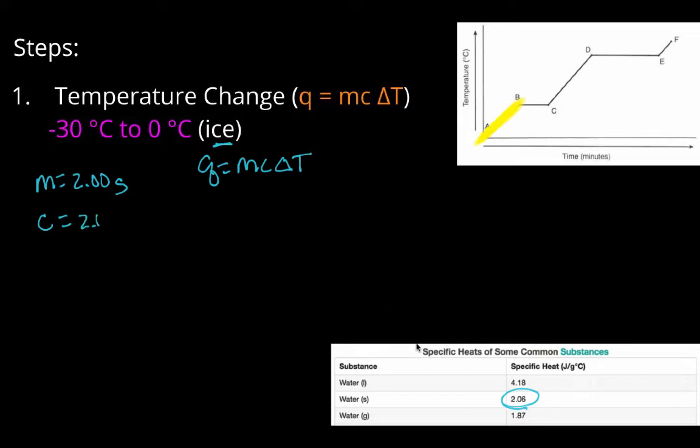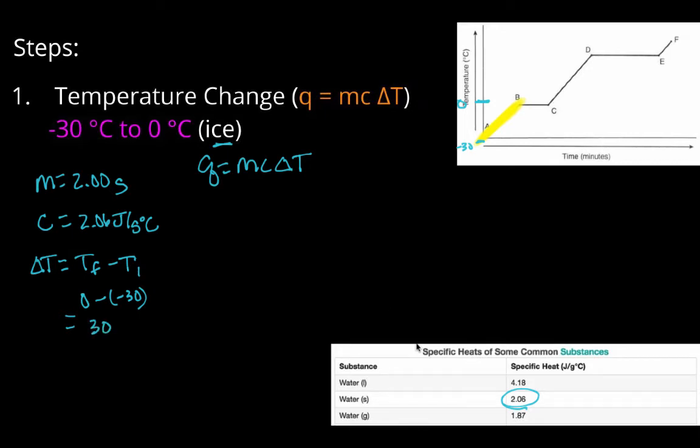So 2.06 joules per gram degree Celsius. And delta T, remember, is always T final minus T initial. So my final temperature is 0. My initial temperature is minus 30. So I'm going to take 0 minus negative 30. So my temperature change is going to be 30.